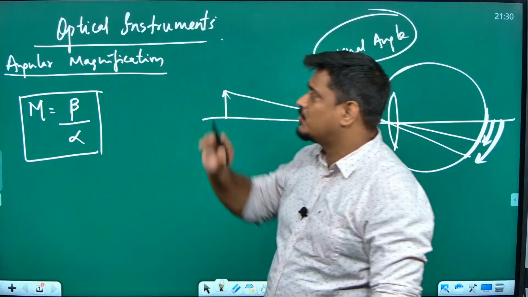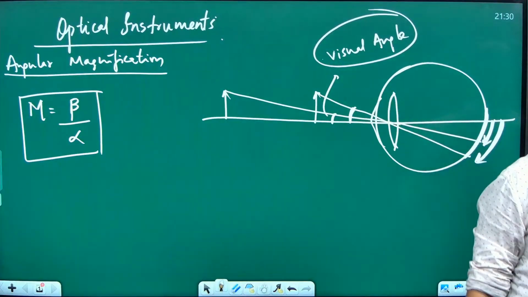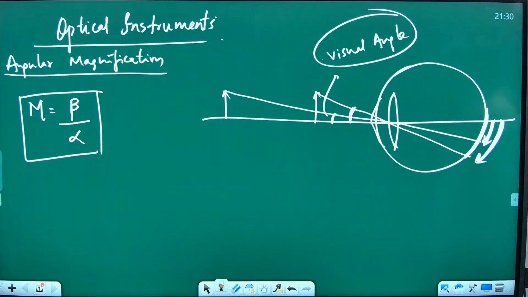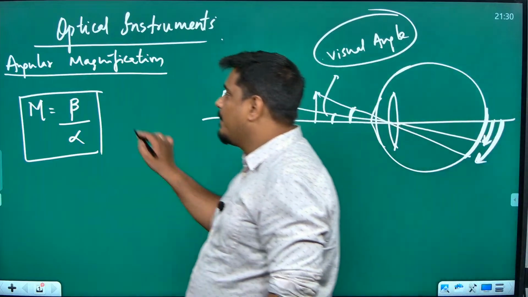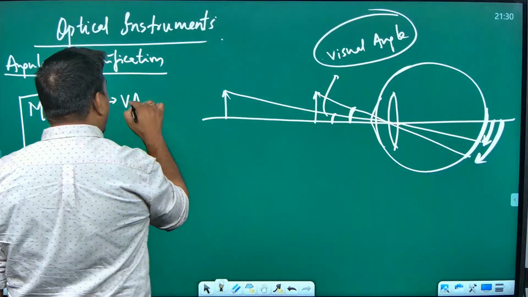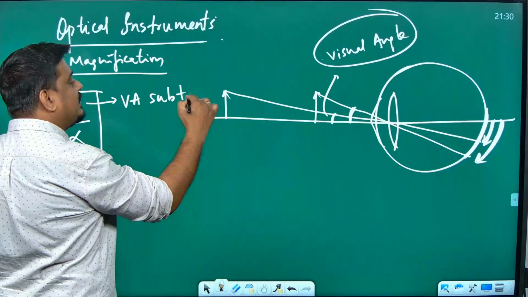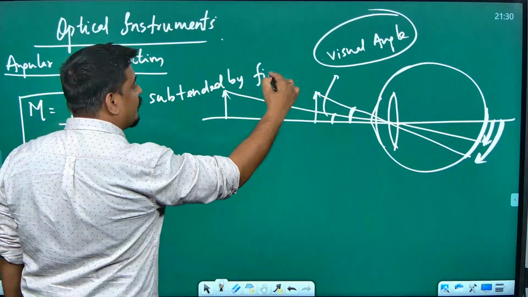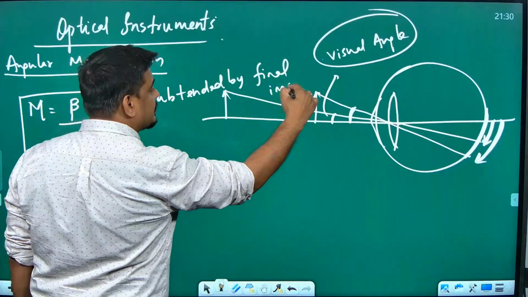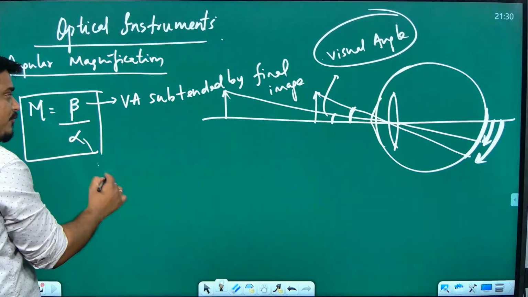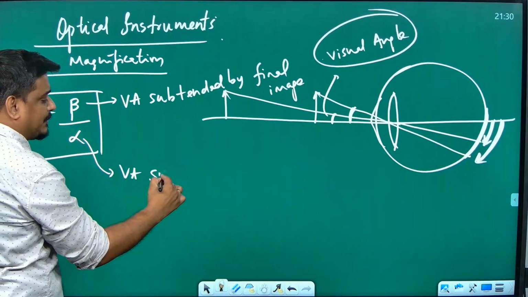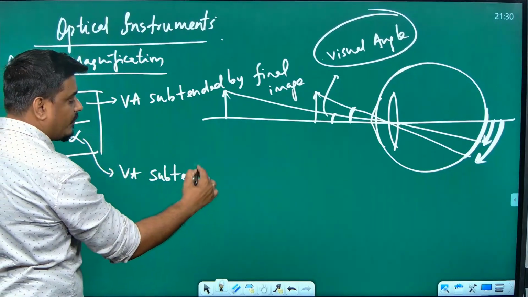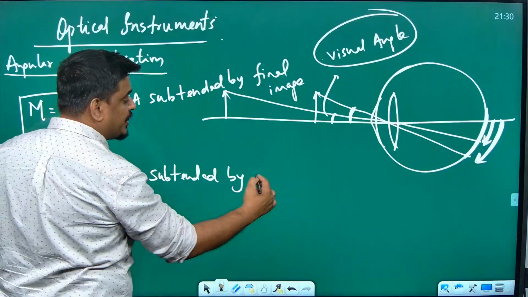Magnification in terms of optical instruments is beta by alpha. What is beta and what is alpha? Beta is the visual angle subtended by the final image. And alpha is the visual angle subtended by the object.